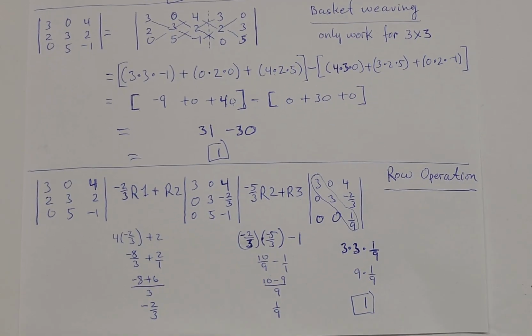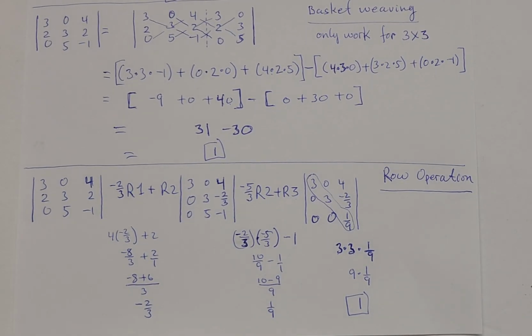So the easiest way or the best way to find the determinant for any square matrix bigger than 3 by 3 is to use row operation.